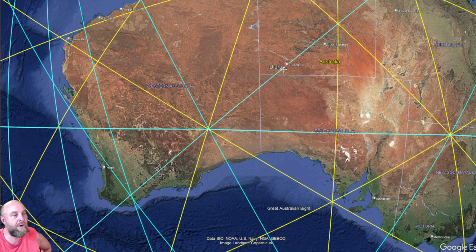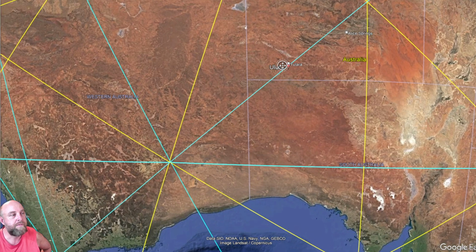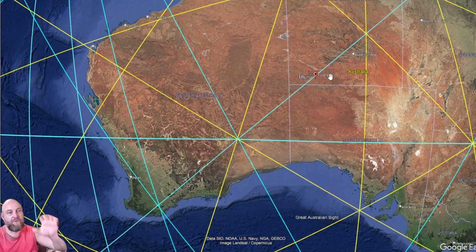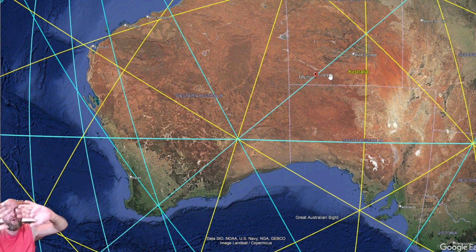So you can see the two wells. It's almost directly between them, man. The halfway point between both wells. When you figure it's two gravity wells spinning at the point where they meet in the center, right? Uluru.